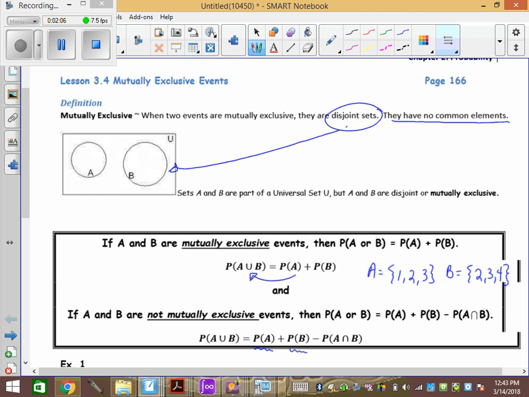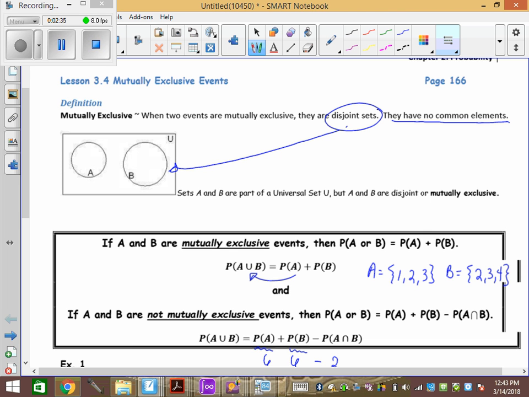If I said A or B, P of A plus P of B, it'd be 1, 2, 3, 4, 5, 6. So I'd say the answer is 6. Is that true? Is there 6 elements in A or B? No. There's 3 here, 3 here, so that would be 6 and 6 elements. And then I'd have to subtract off what? 1, 2 of them because there's 2 in both. I counted it twice, right? Can I count something twice? No, so I'd have to subtract it off.